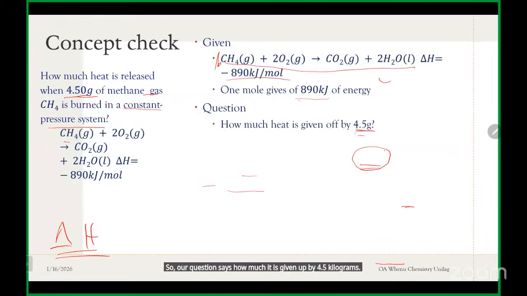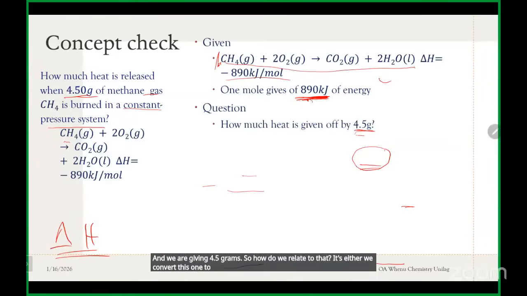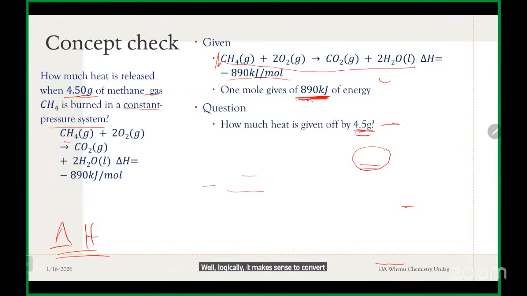The energy that we know is this: 1 mole gives off 890 kilojoules. And we are given 4.5 grams. So how do we relate that? Either we convert this one to grams or we convert this to moles. Logically, it makes sense to convert this to moles.